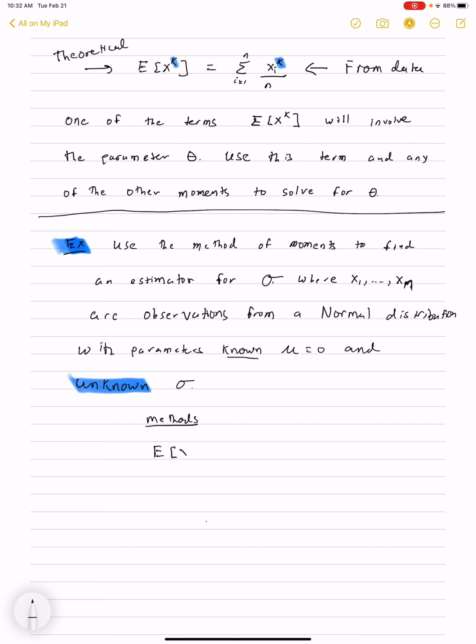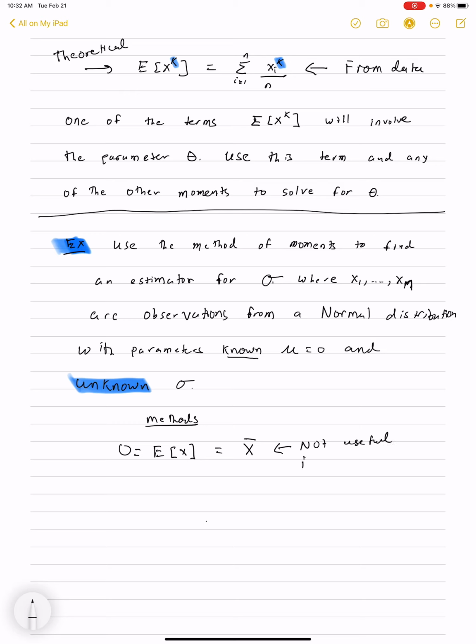So here, E of x is a normal distribution with mean 0, and this is going to be set equal to the average. The average is calculated from the data. The expected value of x is equal to 0. All this is going to say is that your sample average is 0. This is not useful.